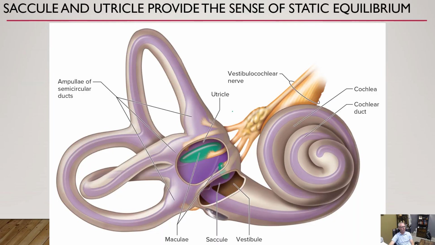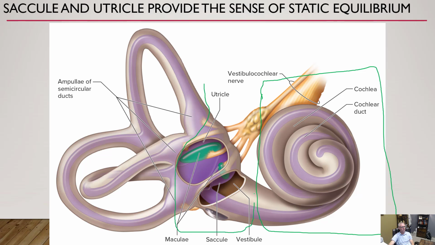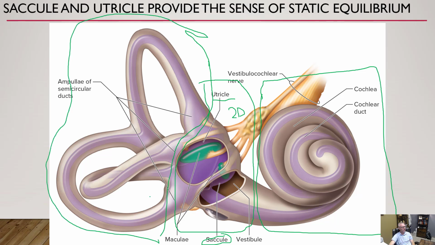So this is our cochlea, that's going to be our hearing. We have our vestibules here. We have a utricle and a saccule. And then when we talk about dynamic equilibrium, remember this is our 2-dimensional world. And then our semicircular canals here, this is going to be our 3-dimensional world.